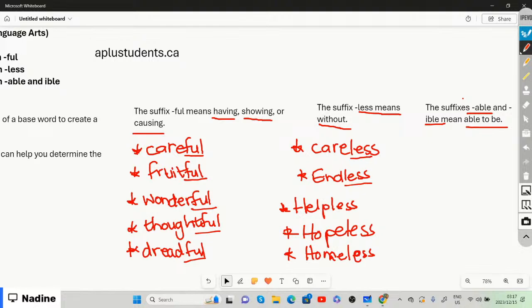If you advise someone, then you can say it is advisable. Another word can be lovable, able to be loved.